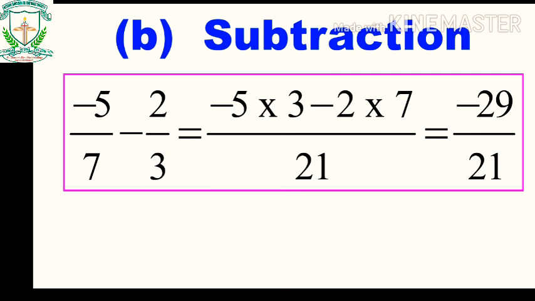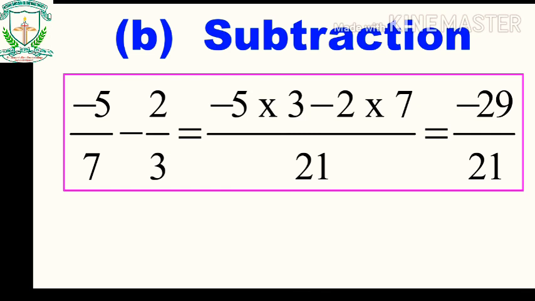LCM is multiplied to each term. Minus 5 by 7 into 21. 7 ones are 7, 7 threes are 21. 5 threes are 15, plus into minus is minus, so the answer is minus 15. Then second term is 2 by 3 into 21. 3 ones are 3, 3 sevens are 21, so 7 twos are 14.